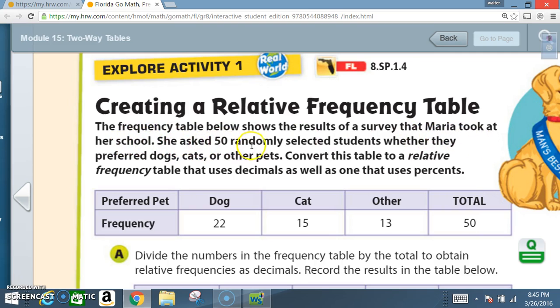She asked 15 randomly selected students whether they preferred dogs, cats, or other pets. Convert this table to a relative frequency table that uses decimals as well as percents.